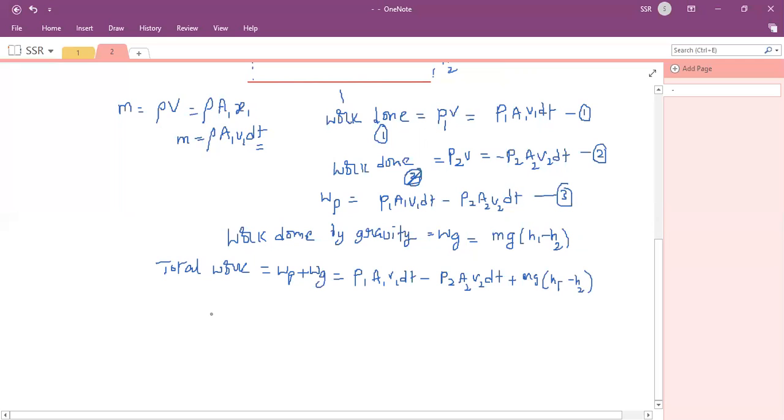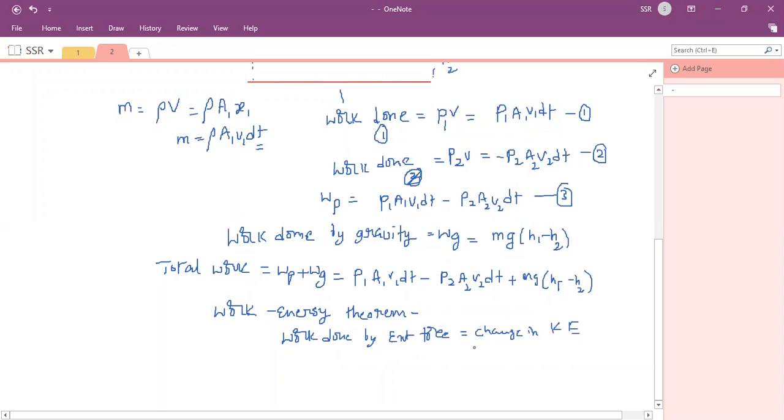Again, from the work energy theorem, do you remember the work energy theorem? Work done by external force is equal to the change in kinetic energy of the fluid.